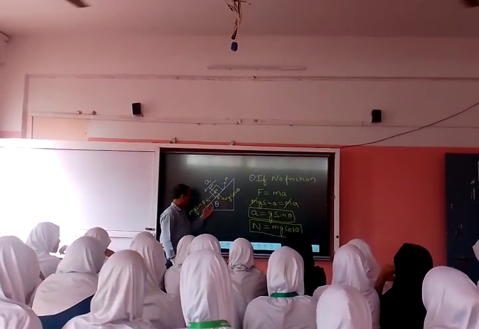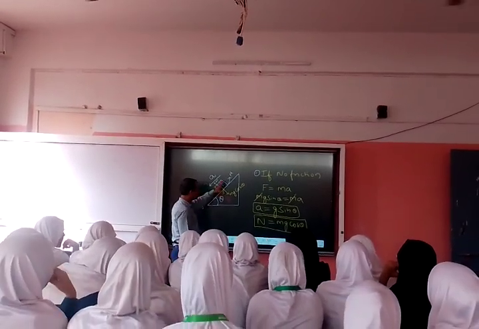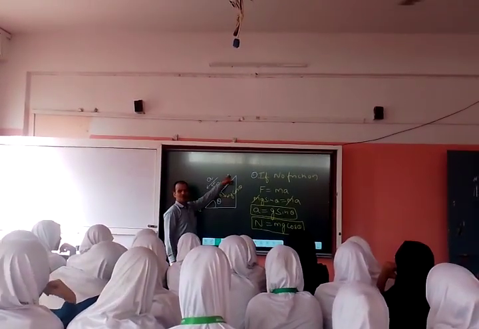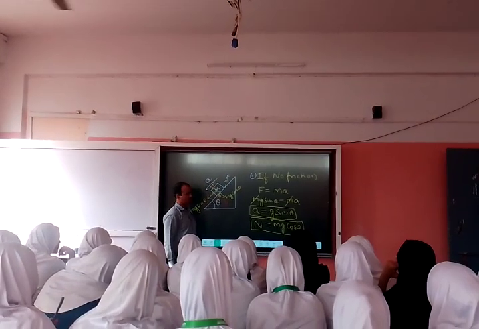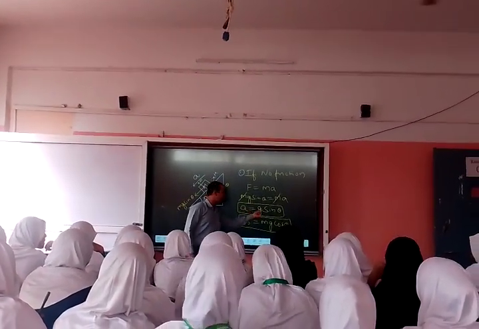Right? Now, suppose friction is present, and assume the coefficient of friction is mu. Then what is the acceleration? If friction is not present, then the acceleration of the body is a equals g sin theta.